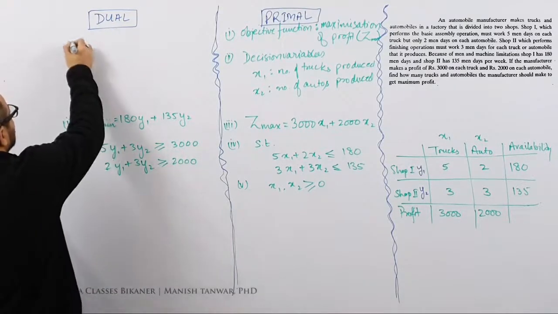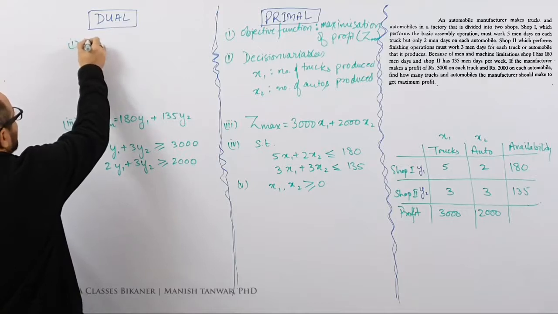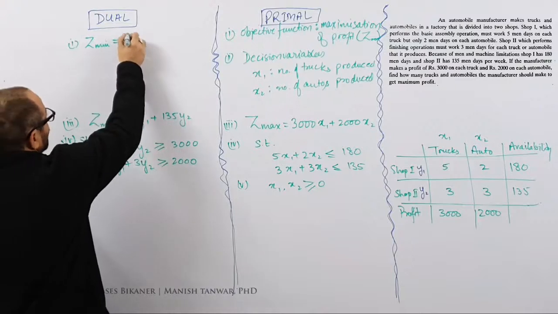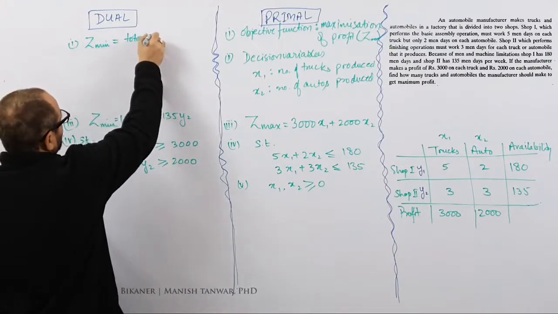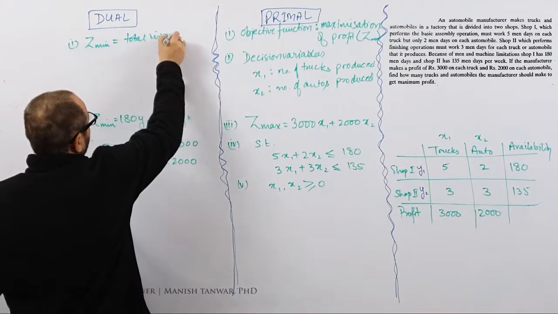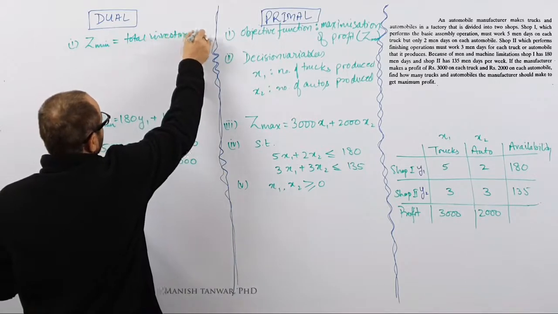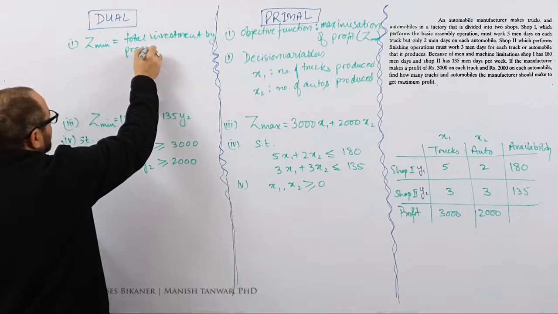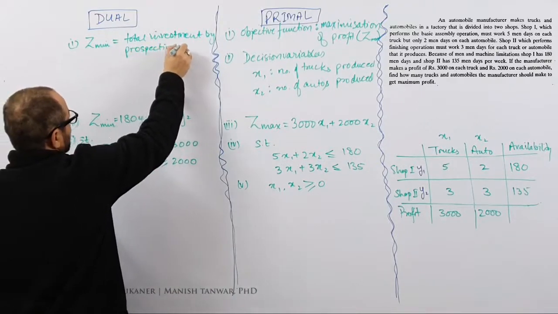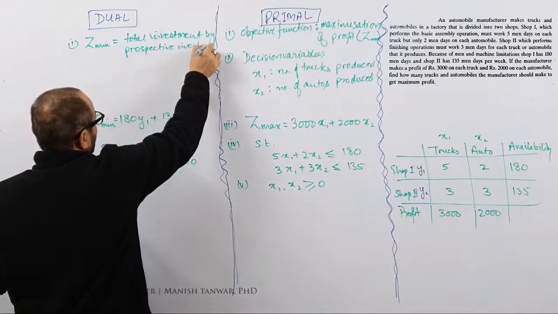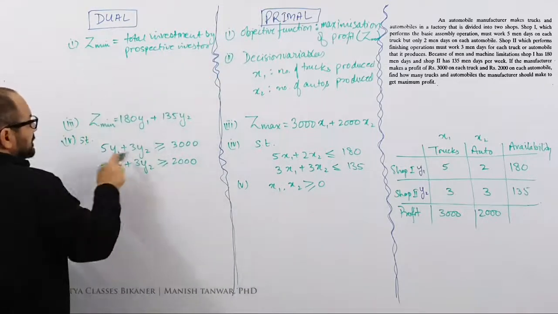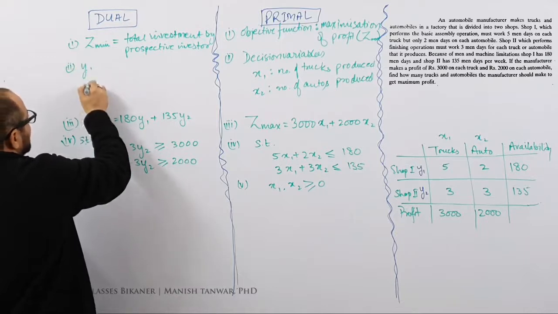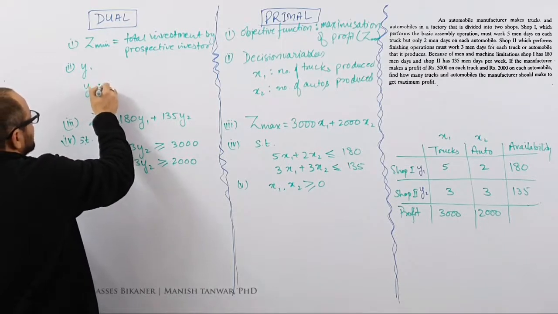If we try to formulate, the first step is the objective function, which says Z min, the total investment by the prospective investor. And in this case, what are y1 and y2? These are the decision variables this time.